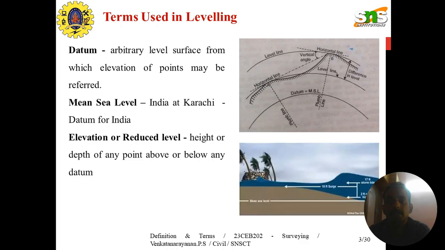Mean sea level is a point where the elevation is considered to be 0 or reduced level of that point is considered to be 0. In India, the mean sea level is located at Karachi port. Next is elevation or reduced level. It is a point which is located either above or below the mean sea level or datum.